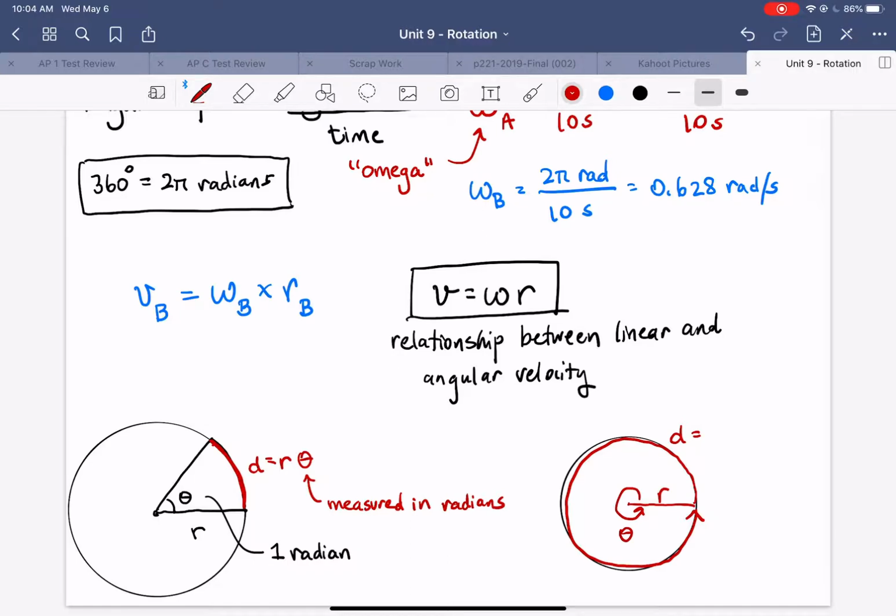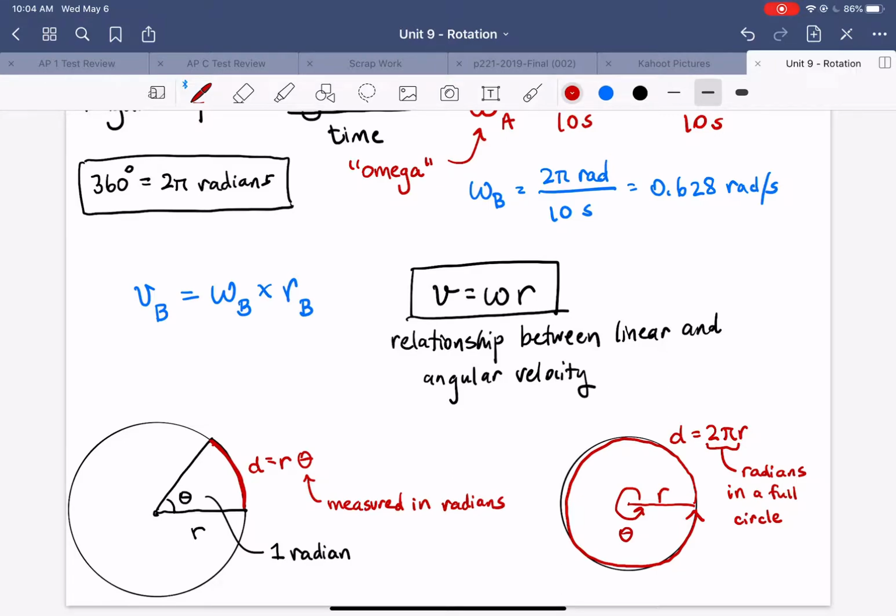The circumference of a circle is equal to 2 pi times the radius. So if I look at that and match that to the equation over on the left, d equals r times some angle in radians, then this part here must be the number of radians in a full circle. So that's where we get this conversion that there are 2 pi radians in 360 degrees.